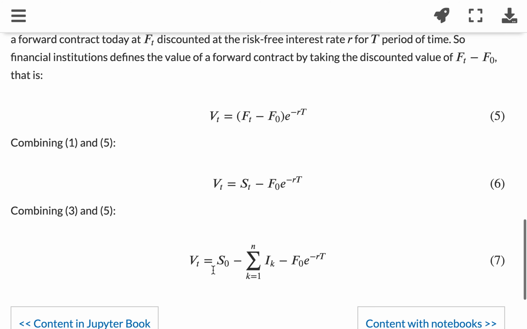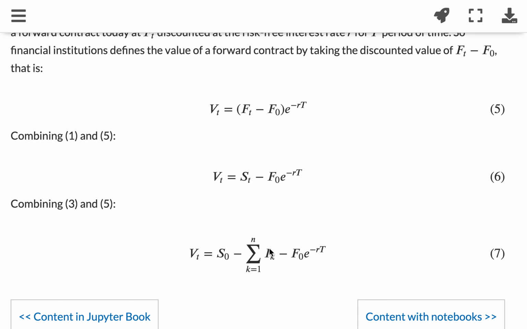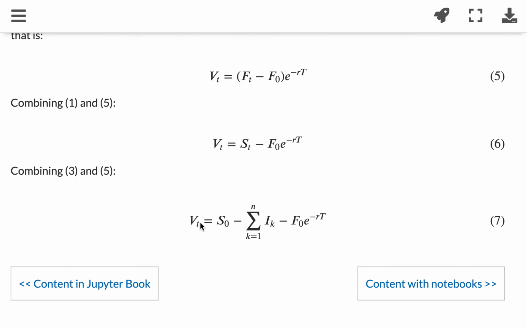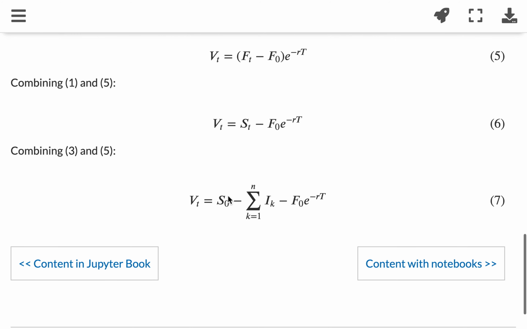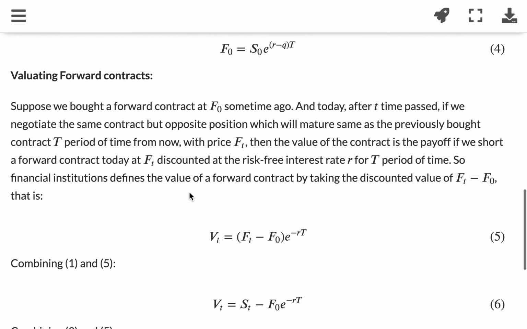And for investment assets that produce income, the current value of the forward contract is obtained when we multiply Ft by e to the minus rt, which gives the bracket here. So Ft becomes this one, and then minus F0 times e to the minus rt. So that's how financial institutions evaluate the values of the contract.